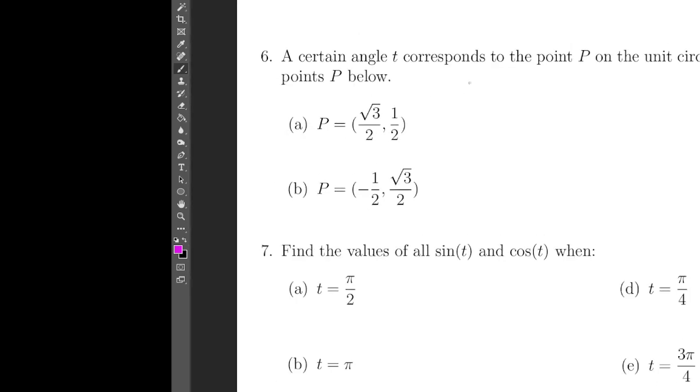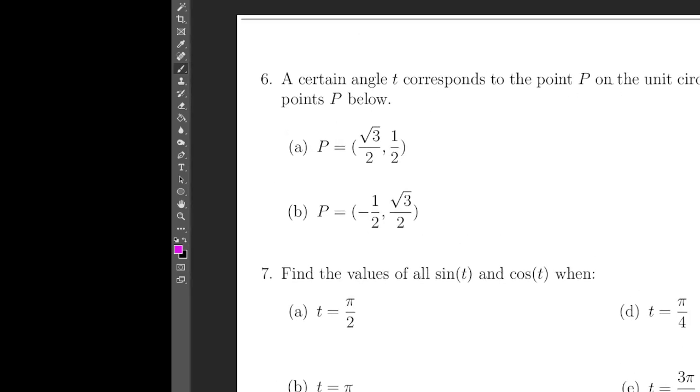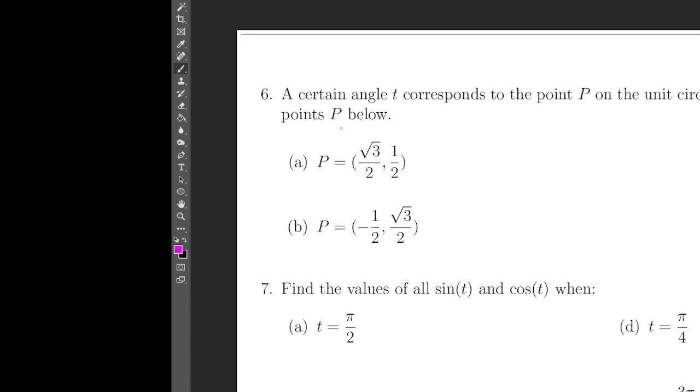A certain angle t corresponds to the point P on the unit circle. Find the sine of t and the cosine of t for the points P below. So remember our definition. P equals cosine theta, sine theta. Cosine comes first, cosine is the x value.